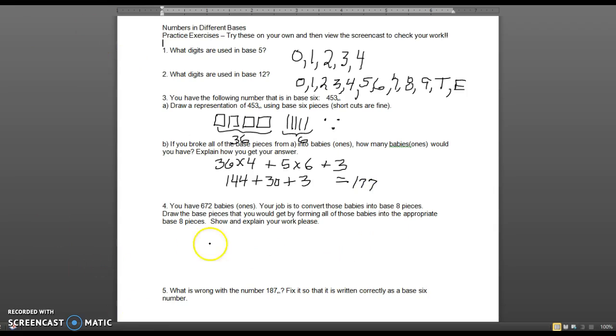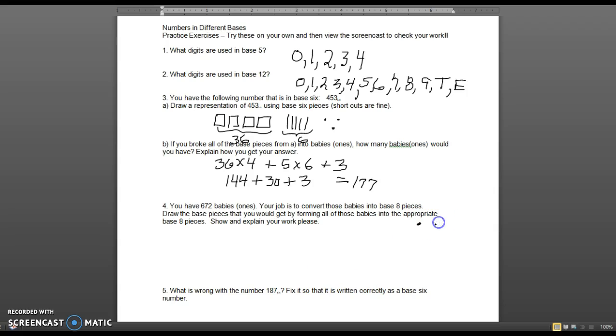Okay, so the next one, I'm going the other direction. So I have this big pile of babies, and I need to take them and form base pieces that are in base 8. So I want to draw the base pieces that I would get. So my base pieces, I need to make sure I know what's what.